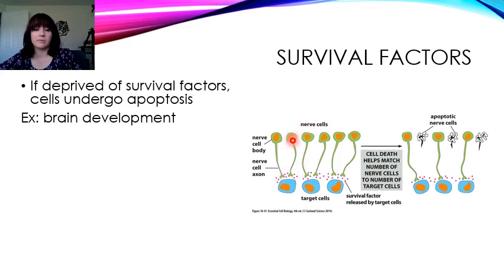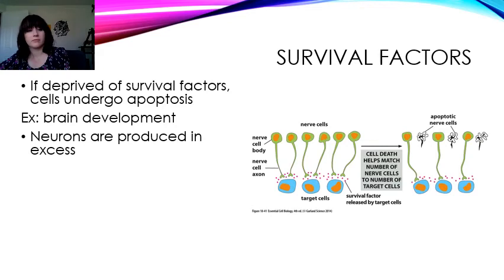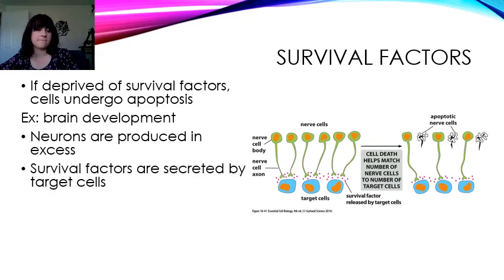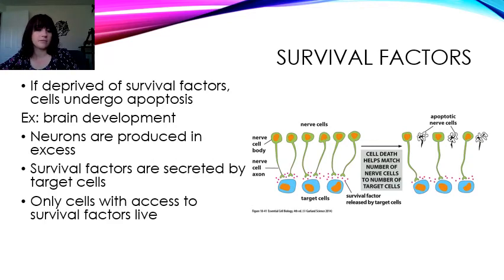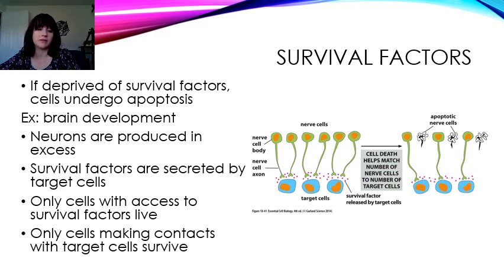However, if a cell is born and it's not in contact with the target cell, say if there are too many neurons, that neuron will not receive the survival factor and it will undergo apoptosis. So this helps to match the number of nerves to their targets. Again, a survival factor, if it's present, will prevent apoptosis.